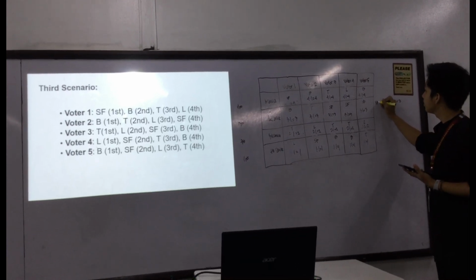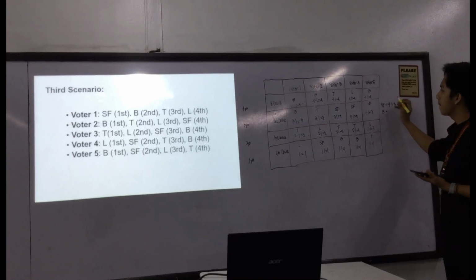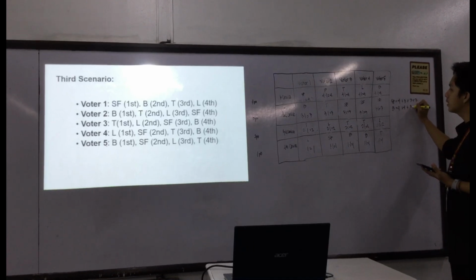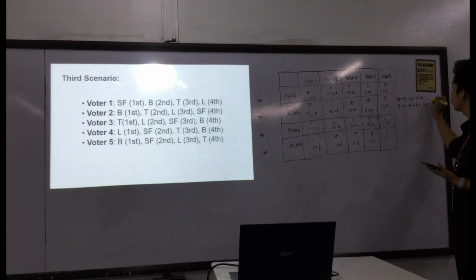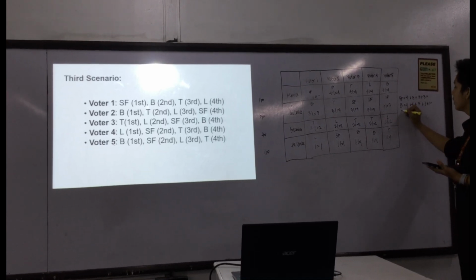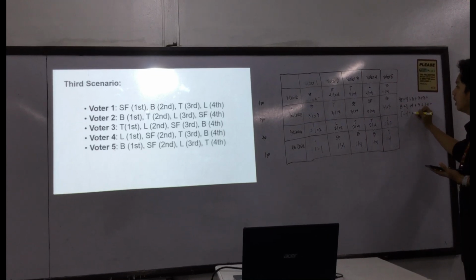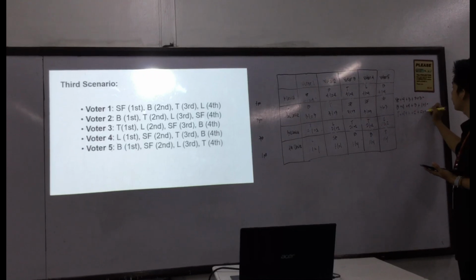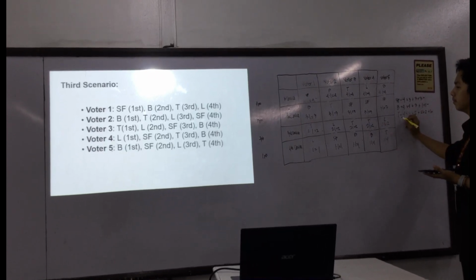Then Berlin is equal to 4 plus 4 plus 3 plus 1 plus 1. Then Tokyo is equal to 4 plus 3 plus 2 plus 2 plus 2 plus 1.